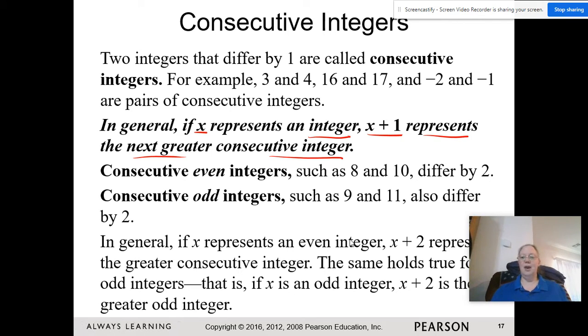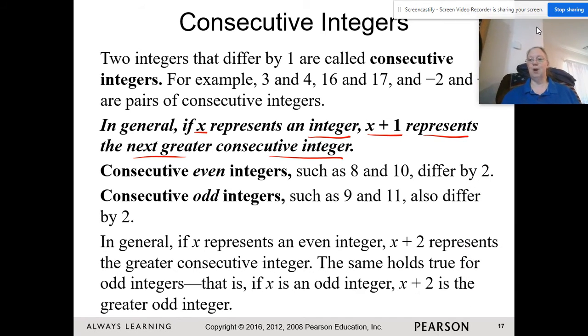So when we have this problem that says consecutive even or consecutive odd, the first one is always going to be x, and the second one is always going to be x plus 2 because it's going up by 2. Same thing with odd. Doesn't matter whether it's odd or even because we are increasing by 2 each time. So the first one would be x, and the next one would be x plus 2.